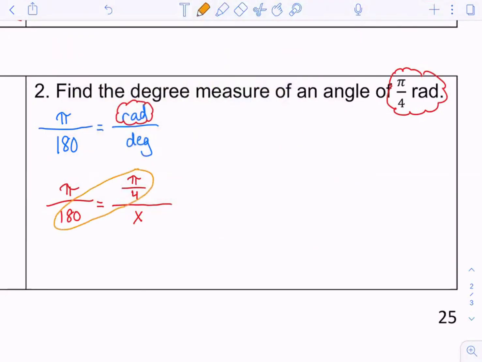Then I have to cross multiply. So I get pi times x equals 180 times pi over 4. Now there's a nice little thing here that you need to recognize. If I have pi on both sides, when I divide them out, it's gone, and this becomes a 1.